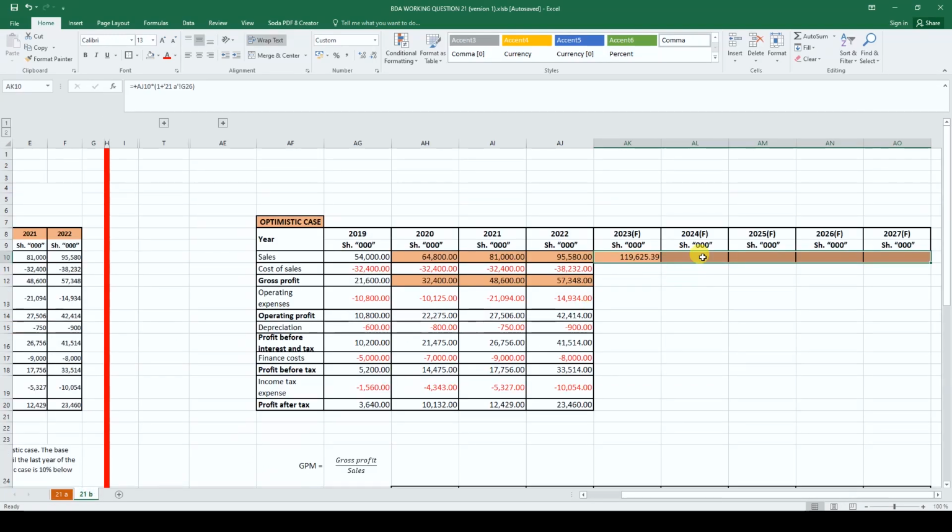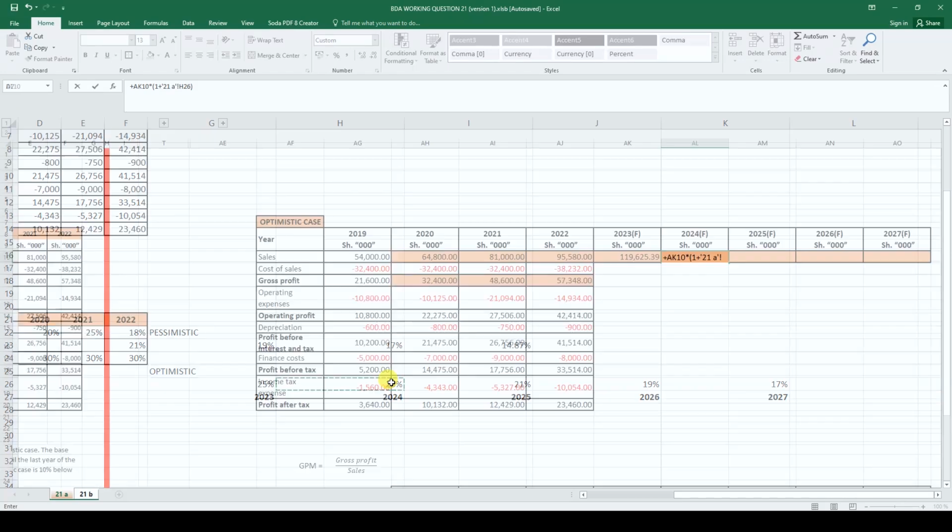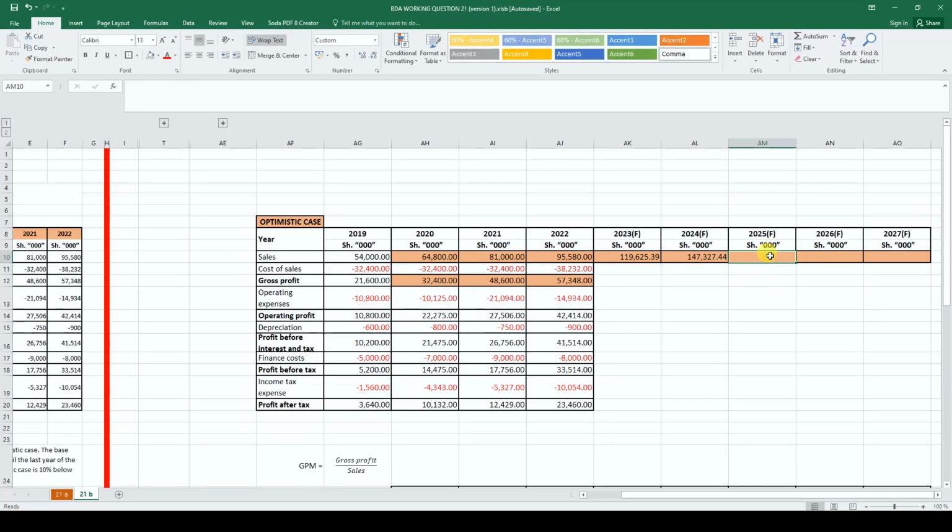So we pick plus that value times, open the brackets, 1 plus what? The one for 2024. We come back to tab A. 2024 you can see is that one there. Close the brackets, enter like that, and you do the same: plus that value times, open the brackets, 1 plus what? We are picking 2025.